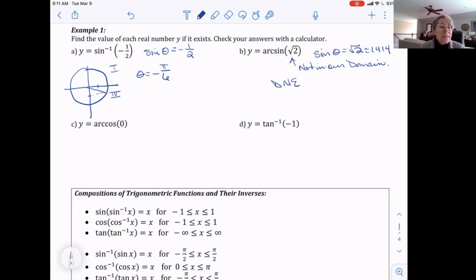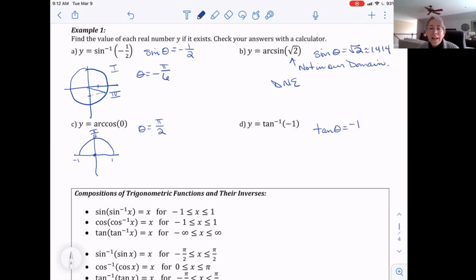The arc cosine of 0, again for cosine, we're going to go from -1 to 1 on the unit circle. And so that x value is 0 here up at pi/2. And then the tangent inverse of -1, that is asking us tangent of what angle gives us a ratio of -1.